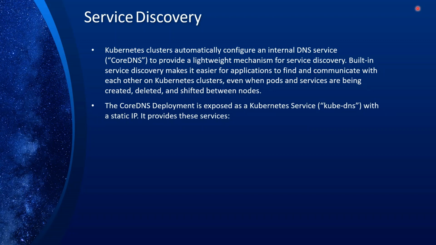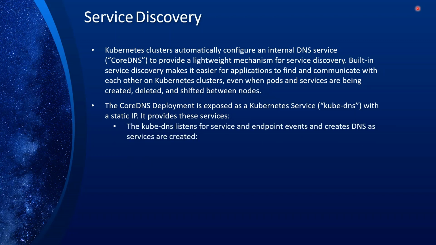The CoreDNS deployment is exposed as a Kubernetes service. It's called KubeDNS. It has a static IP address and provides these services. First, the KubeDNS listens for service and endpoint events and creates DNS records as services are created.